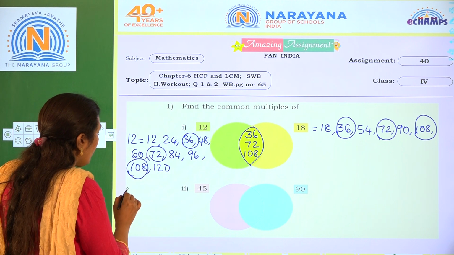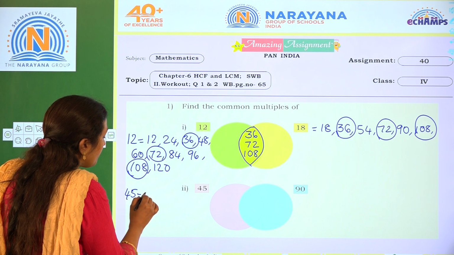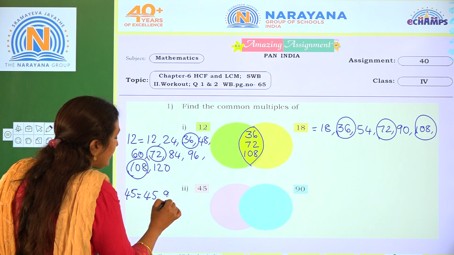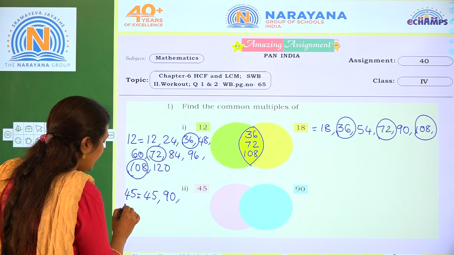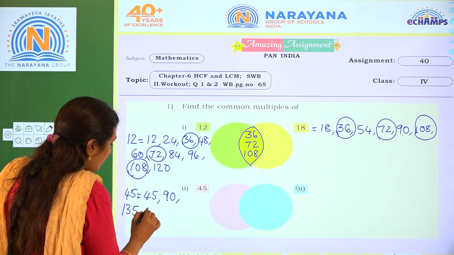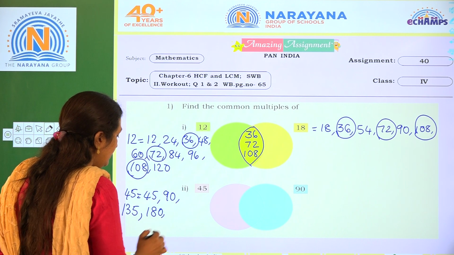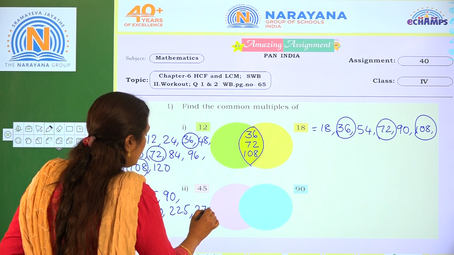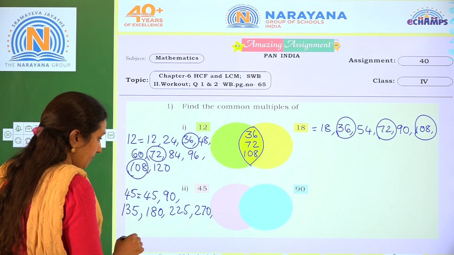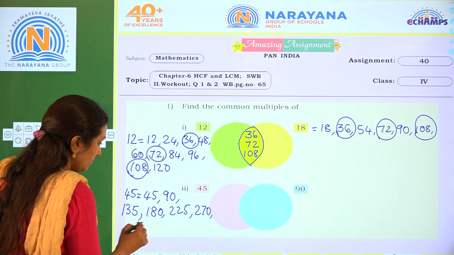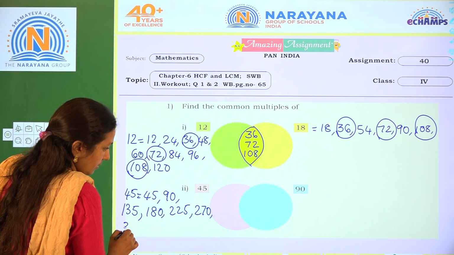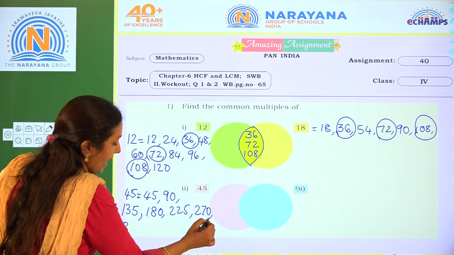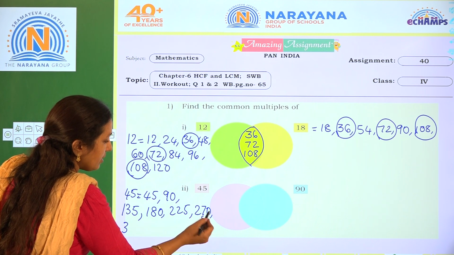For 45, what are the multiples of 45? 45, 90, 135, 180, 225, 270, and so on.